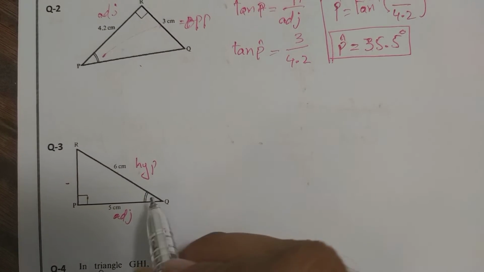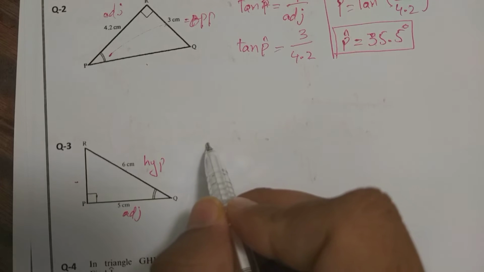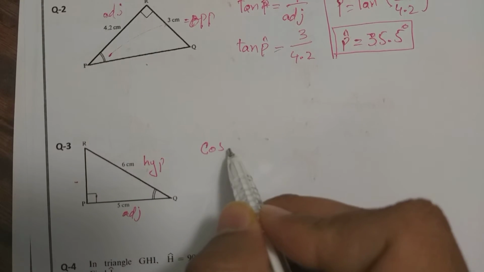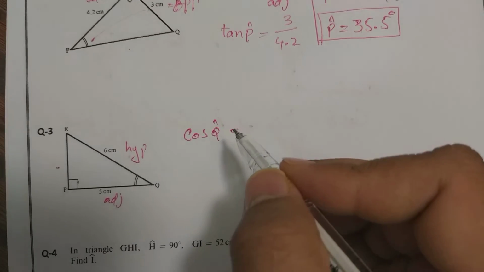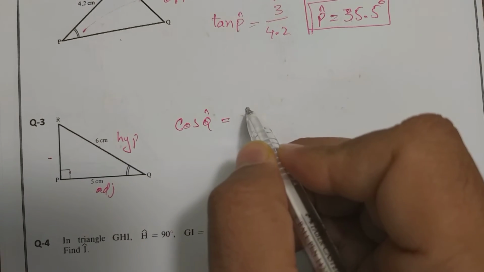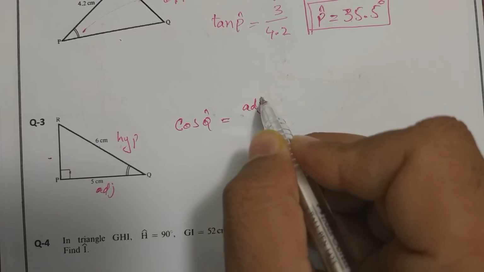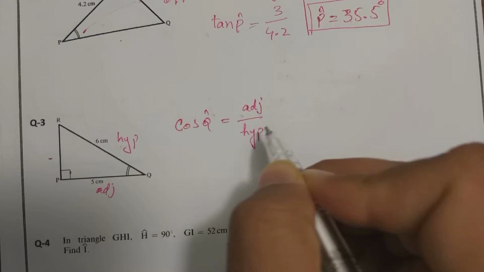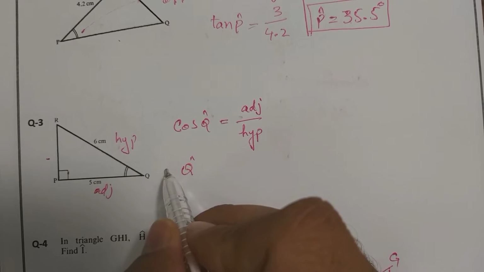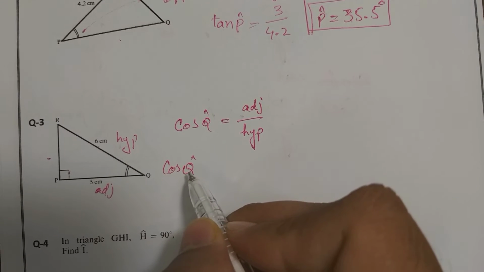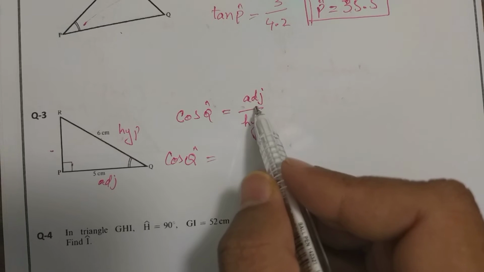So it is cosine of the angle, given as Q, so I mention the Q angle here, equals the adjacent over hypotenuse. We need to find the angle Q, so whatever information is given, substitute it in the formula.